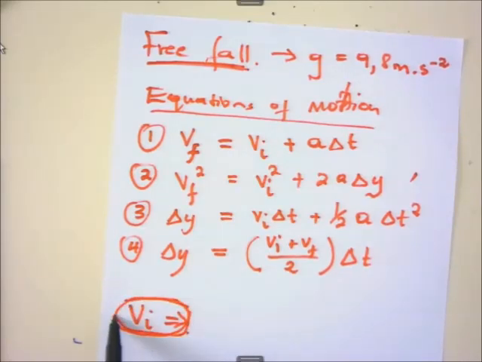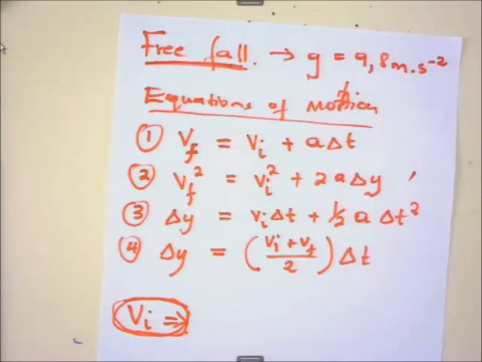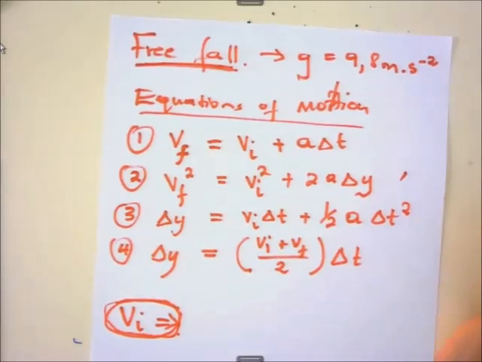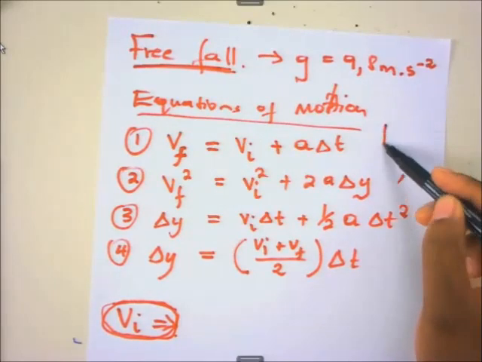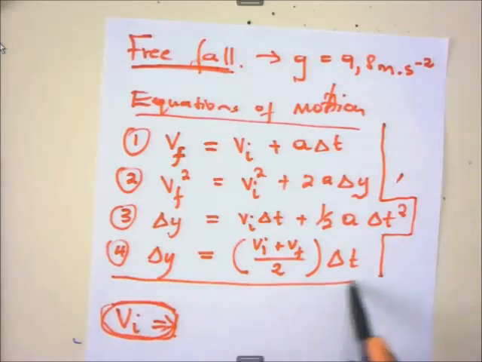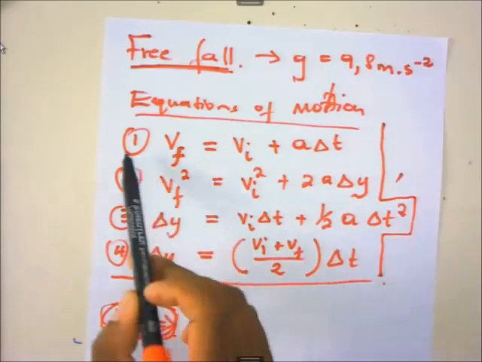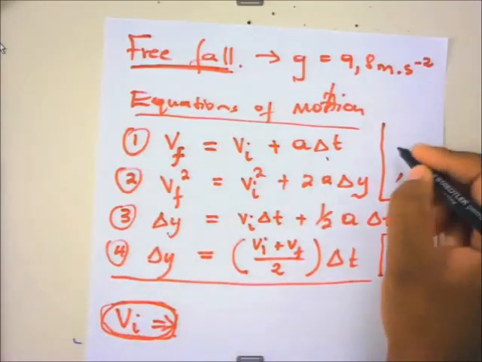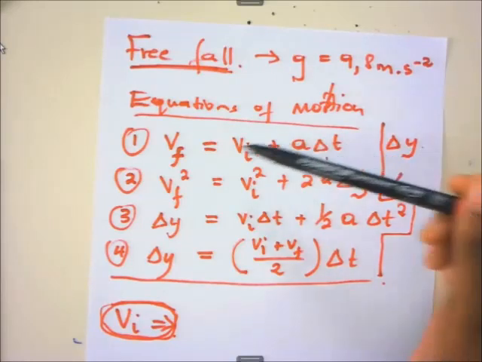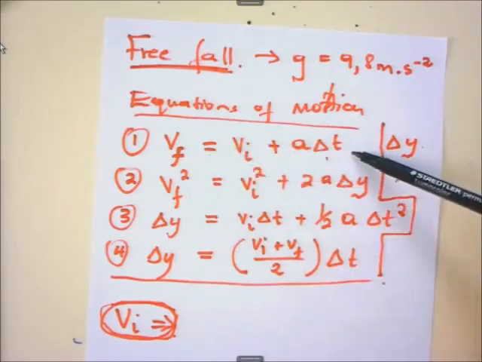Then you must be able to know the magnitude of the initial velocity. Then when you look at equation number 1, we have 5 physical quantities for vertical projectile motion. Equation number 1 does not have the delta y. So when you are required to calculate delta y, there is no way you can use equation number 1 because it does not have delta y.